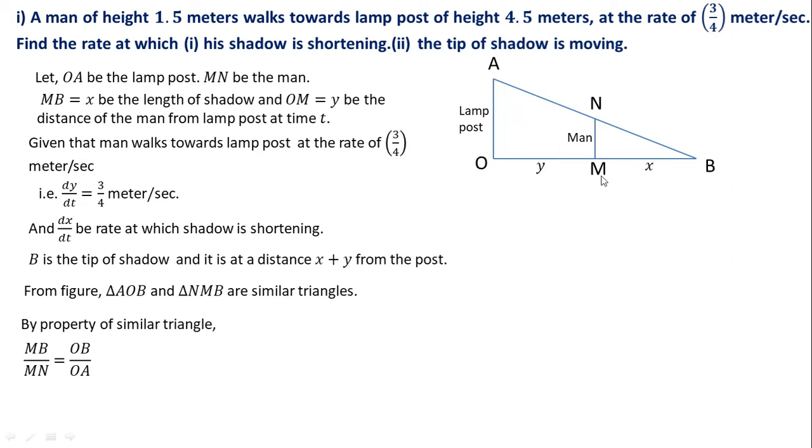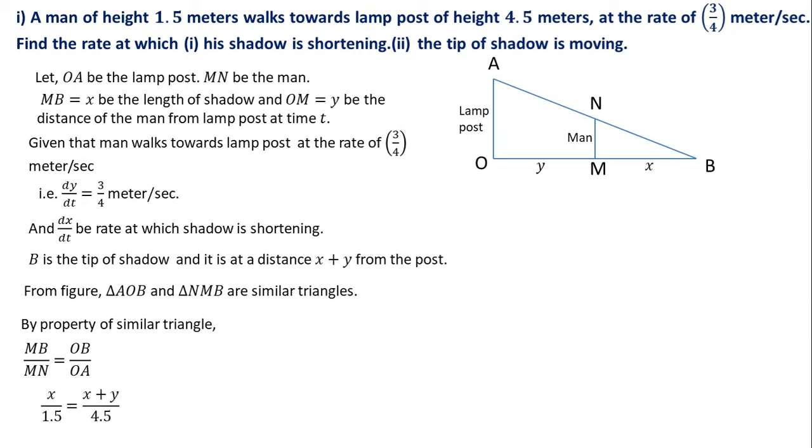So here MB upon MN is equal to OB upon OA. See, we have considered the side of this small triangle as MB upon MN. If you want the ratio between these two sides, then it is equal to OB upon OA. So with this relation we will get the relation between x and y.